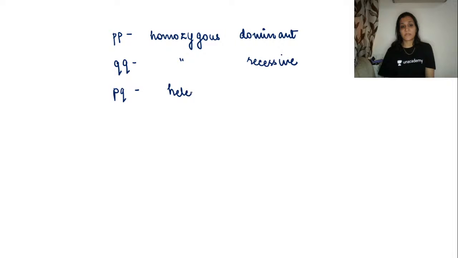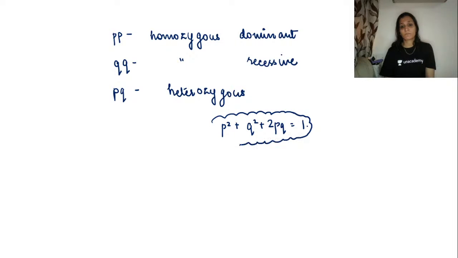And PQ is heterozygous. So this we understand from p square plus q square plus 2pq equal to 1. This we can understand from this formula.